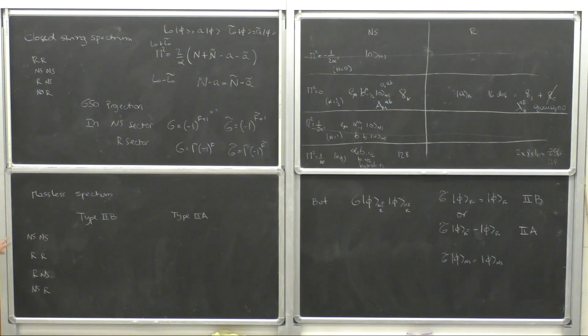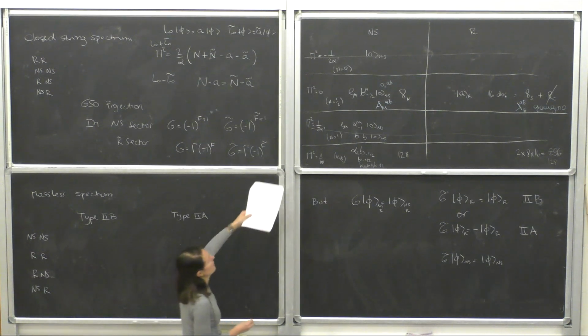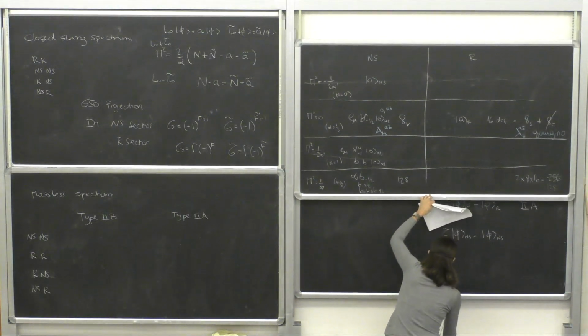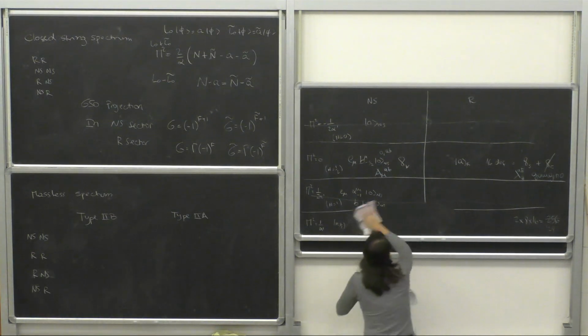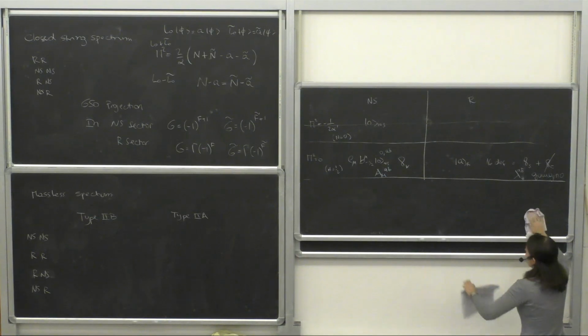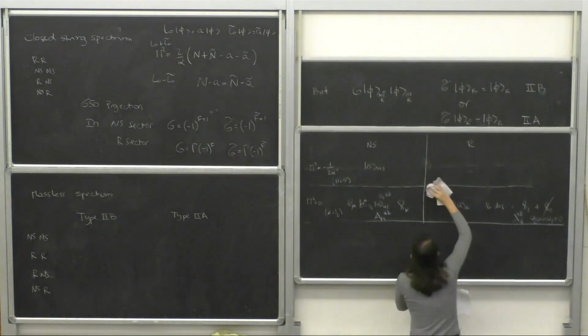In the NSNS sector we just tensor. I can erase everything else, because that's all we need to construct the massless spectrum.